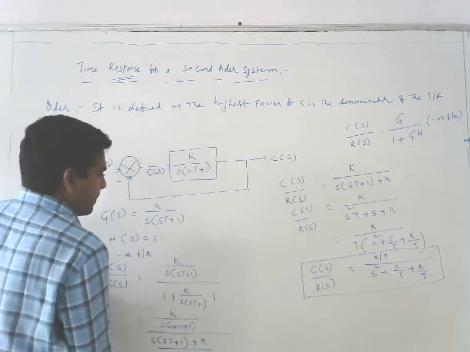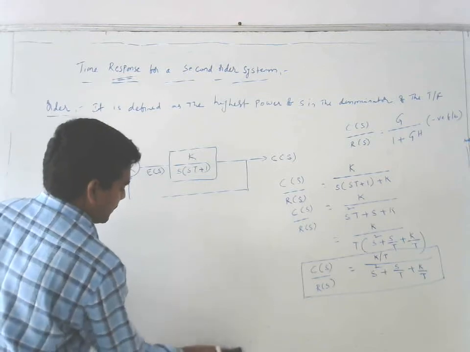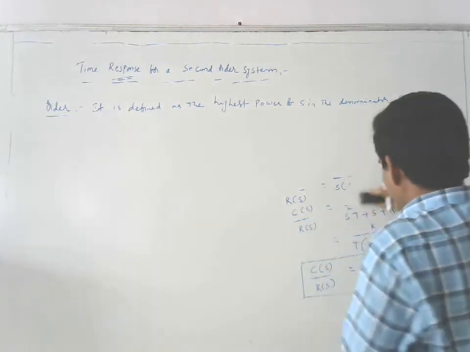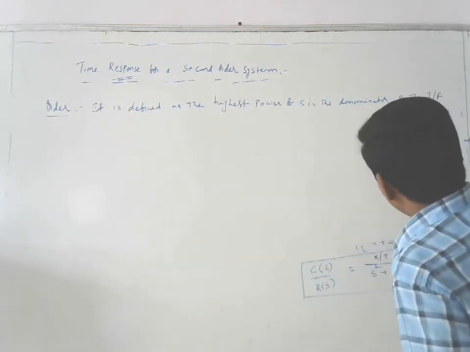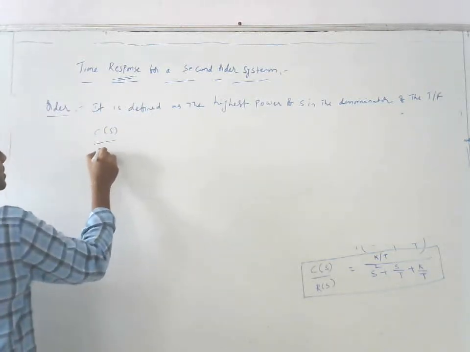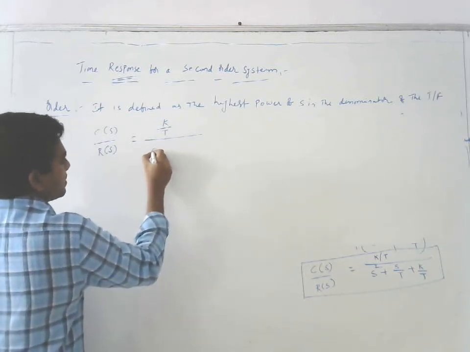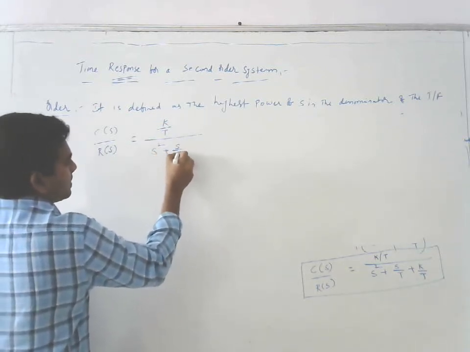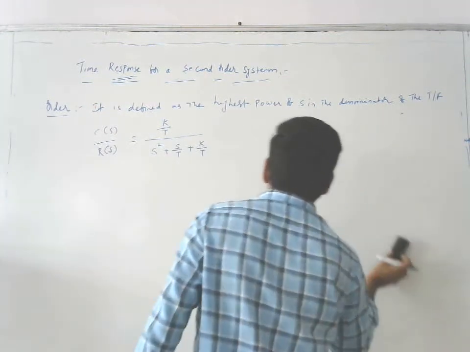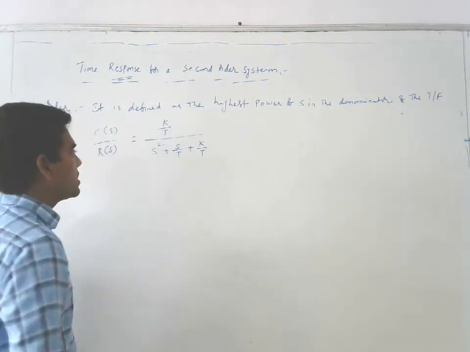Now we are going to compare that second order transfer function. We got C of S by R of S is equal to K by T, whole divided by S square plus S by T plus K by T. This is a second order transfer function.